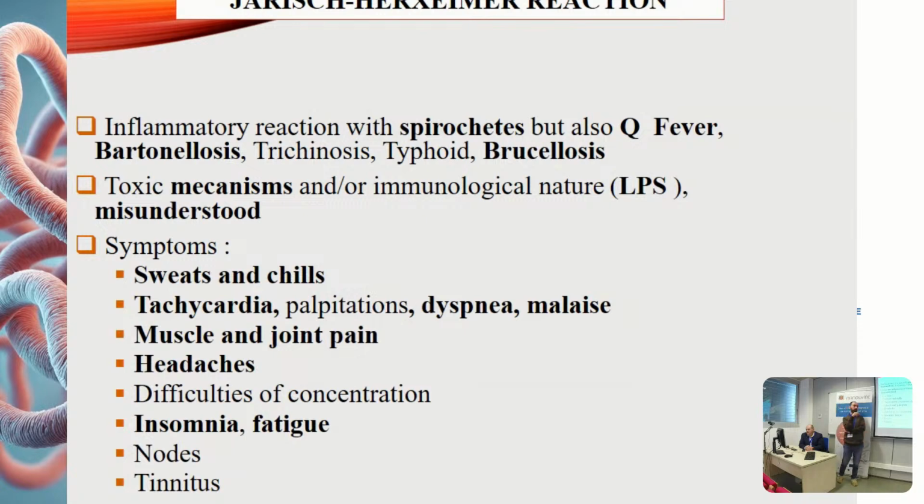When you have an antibiotic treatment, there is sometimes about 20% or more Jarisch-Herxheimer reaction, whose mechanism is not clear. It's an immunological reaction with lipopolysaccharide, and the manifestation is not specific.